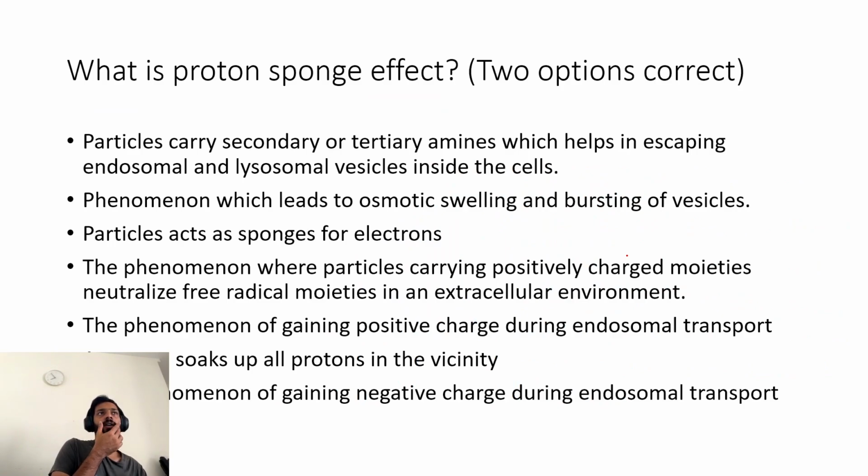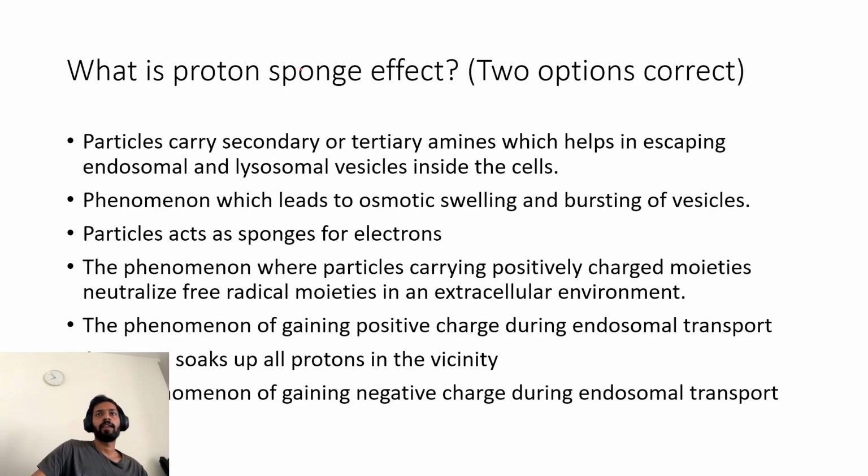With that we'll go back to the question. What is proton sponge effect? Is it particles carrying secondary or tertiary amines which help in escaping endosomal and lysosomal vesicles inside the cell? Is it the phenomenon which leads to osmotic swelling and bursting of the vesicles? Are they particles that act as sponges for electrons?